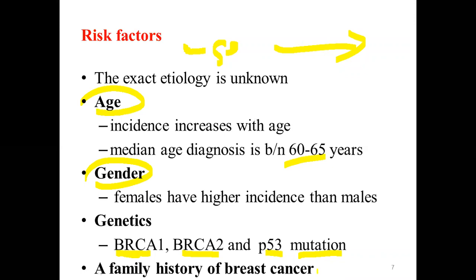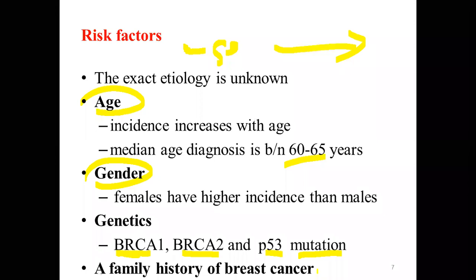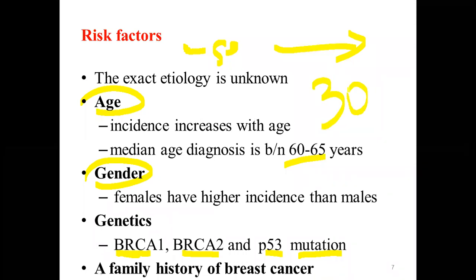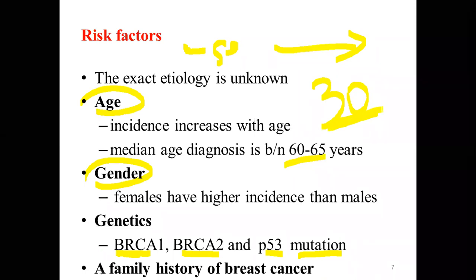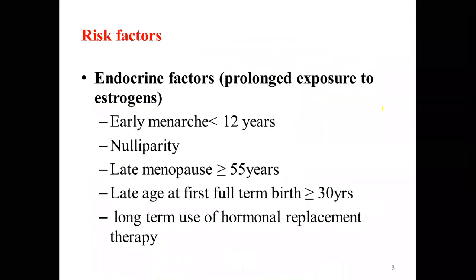That is why if someone has a family history of breast cancer, screening at an early age is very important. Even the American Cancer Society recommends that they start screening using mammogram at the age of 30 years, every year. So that is a recommendation.